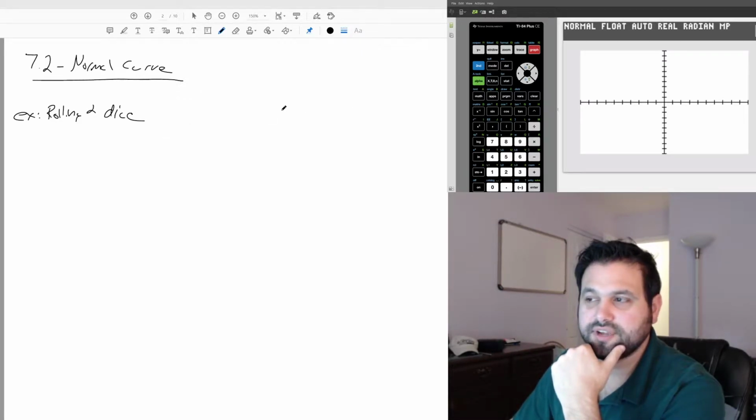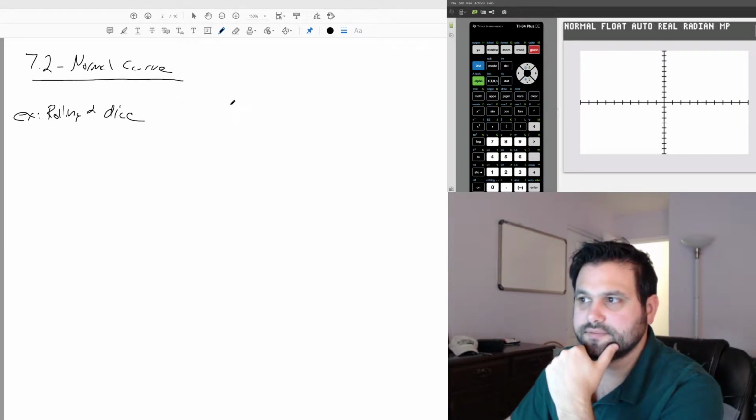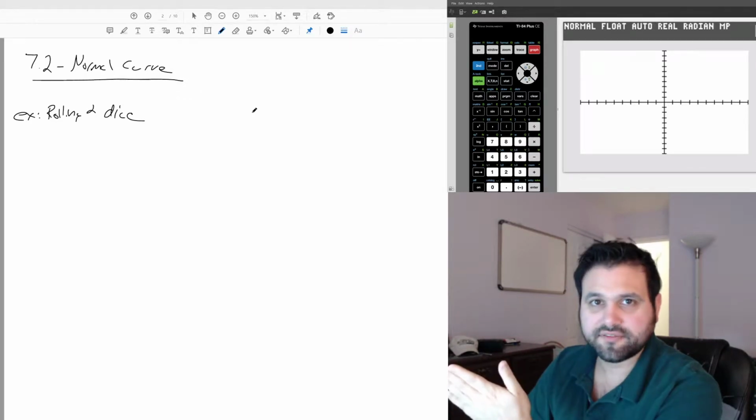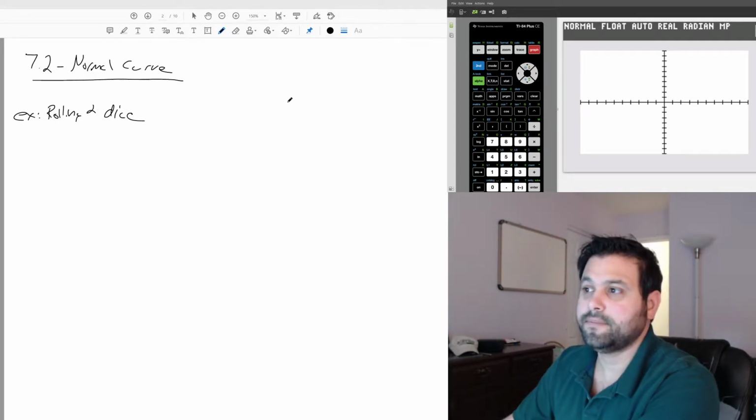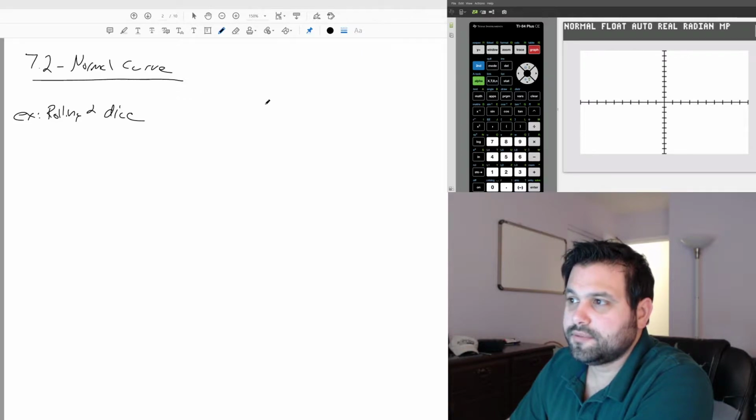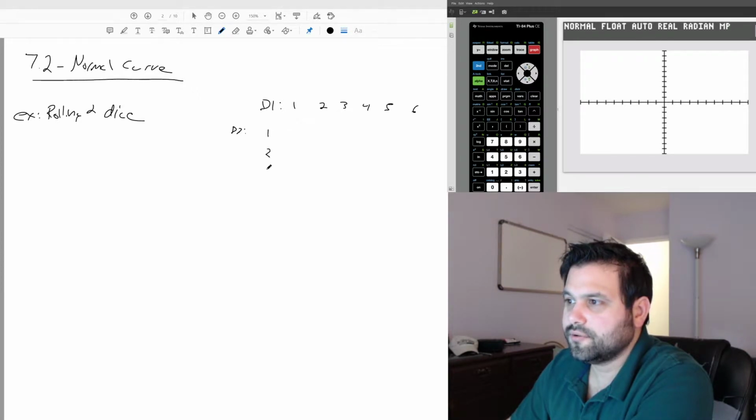When we've created a sample space, we have done like the possible outcomes on the first die, the possible outcomes on the second die, and we've listed all of those possible outcomes, right? So, for example, let's say this is die 1 right here, and there's 1, 2, 3, 4, 5, and 6, and then we got die 2 going vertically here, and we could have 1, 2, 3, 4, 5, 6.